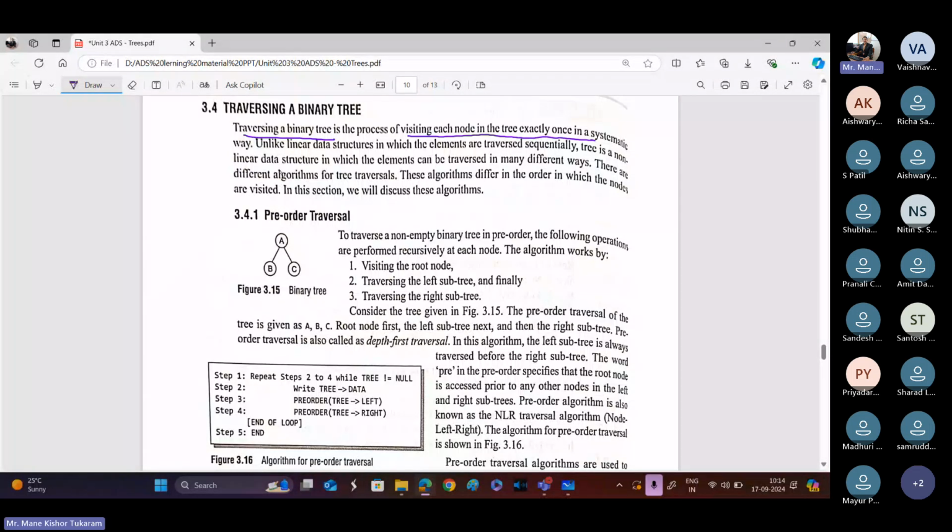Okay, so traversal is nothing but visiting each node exactly once. Okay, so there are three types of traversal: pre-order, then in-order, and post-order.